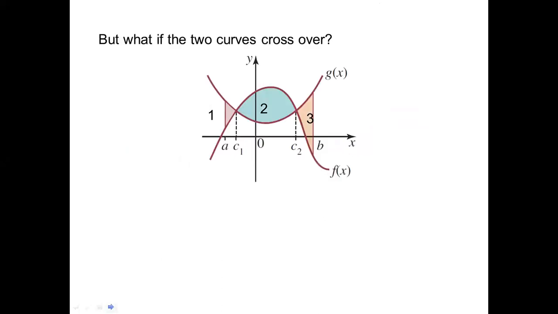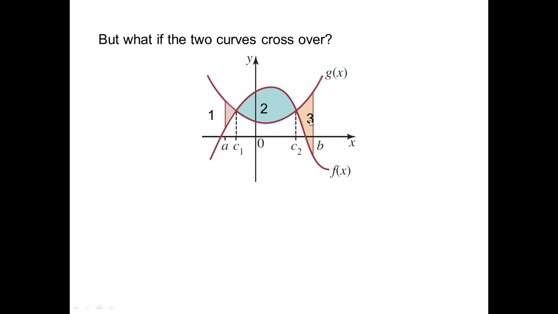What if you have these two curves? But what if the two curves cross over? So you see this? You have this particular region, and this particular region. And you are asked to determine the sum of the areas of these three regions.